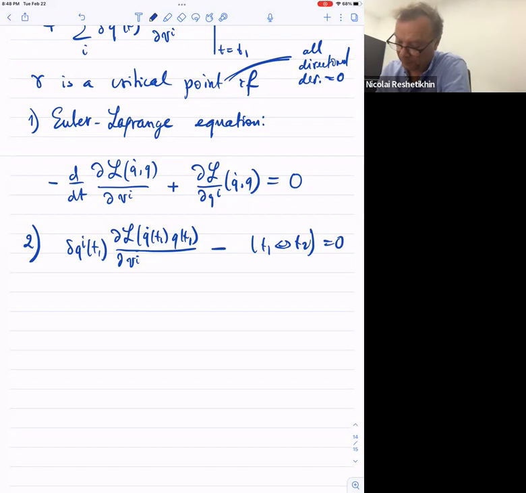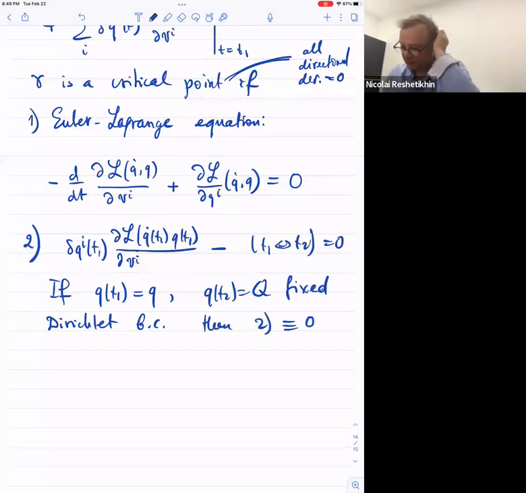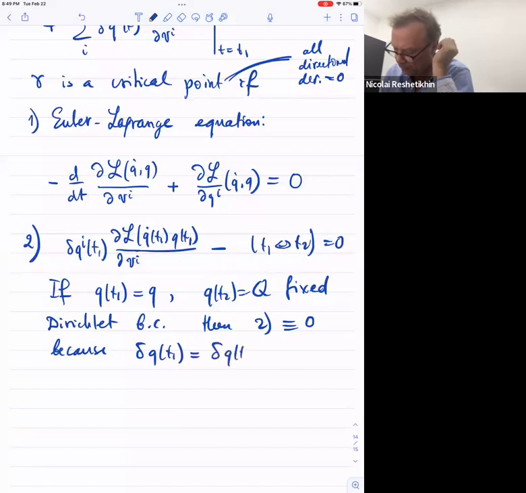And again, you see that if the boundary positions are fixed, if q t1 is q, q t2 is q fixed, in other words, we have Dirichlet boundary conditions, then 2 is identically 0, because the variations at the boundary points are 0.